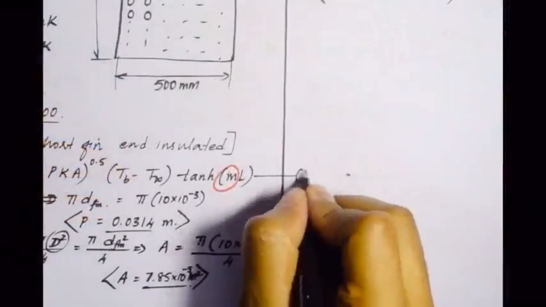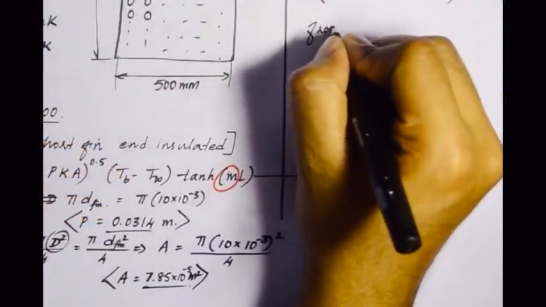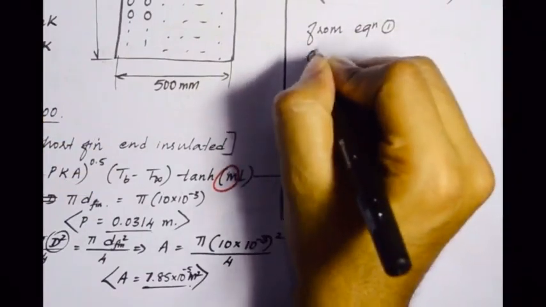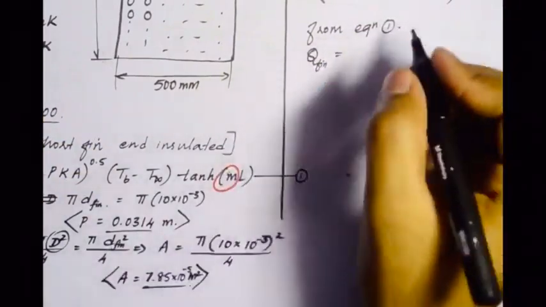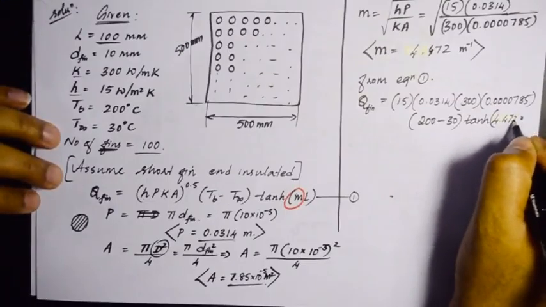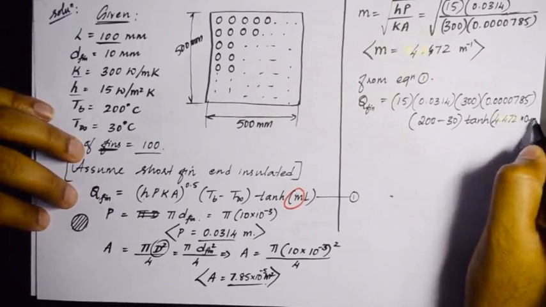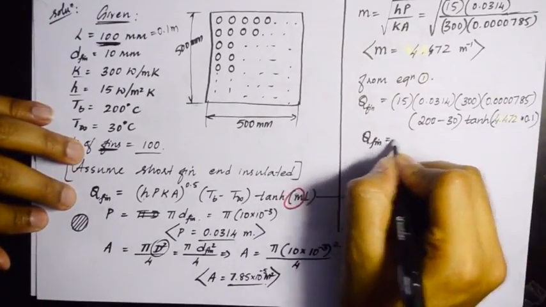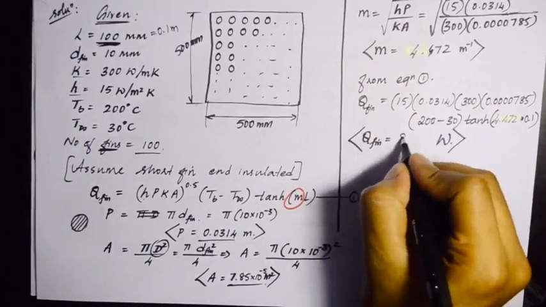Keep this as equation 1. Now from equation 1 you can find out the heat transferred from the fin. The value of L will be 0.1 meter. Therefore you can find out the value of heat transferred by the fin.